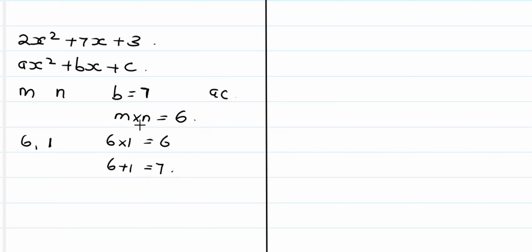Now that we have the two numbers, we can rewrite the middle term using these two values. So as usual, we start with 2x squared. Then the middle term we write as plus 6x plus x, because 6x plus x is 7x, then plus 3.